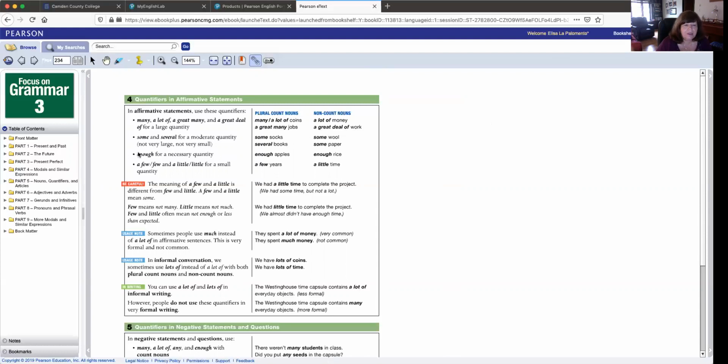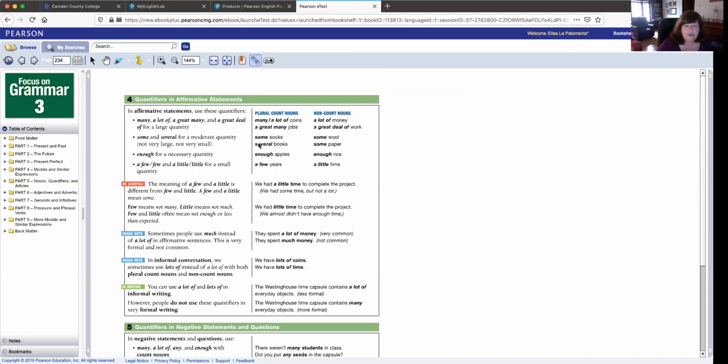Okay. Let's look at some and several. The first group, many, a lot of, a great many, a great deal of, is for large quantities, a large amount. But some and several we use for a moderate quantity. That means something that's not very large, not very small, somewhere in the middle.